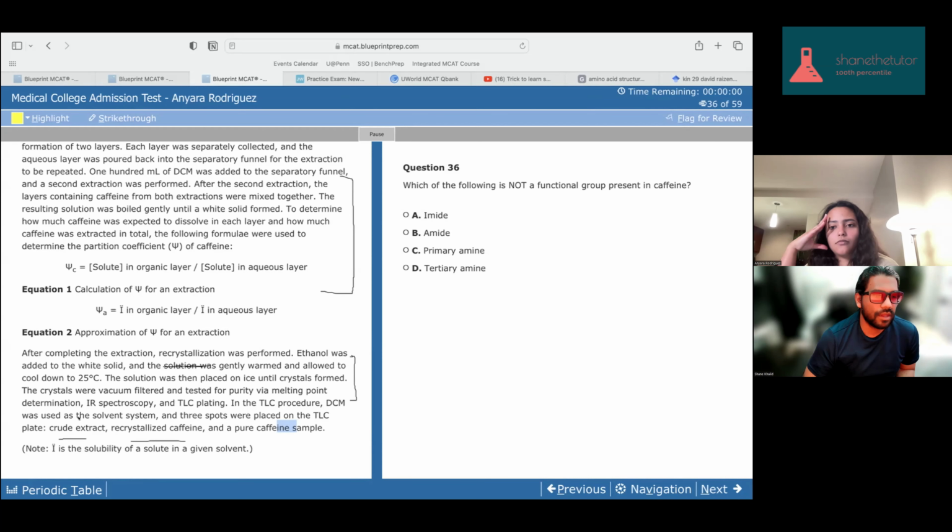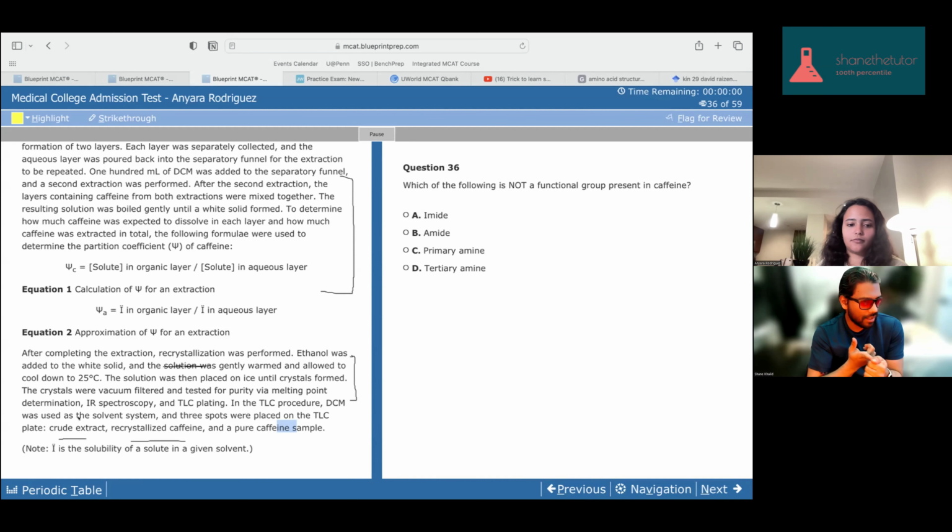So, we have this information down. The buzzwords here were extraction, separatory funnel. When you see separatory funnel, you should be thinking extraction, and when you see extraction, you should be thinking separatory funnel. So they should be connected as well. And just visualize the steps.